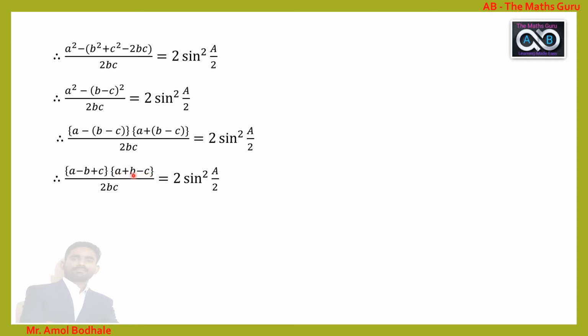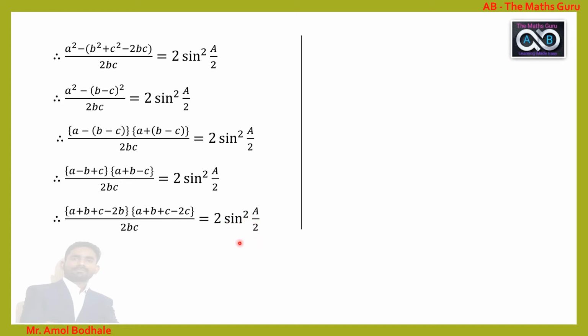Similarly, in the second term a plus b is already given, so we will add c and subtract c. So we will get here a plus b plus c minus 2b, as we are adding b and subtracting b here. Similarly here we are adding c and subtracting c. So we'll get a plus b plus c minus 2c upon 2bc, that is equal to 2 sine square A by 2.